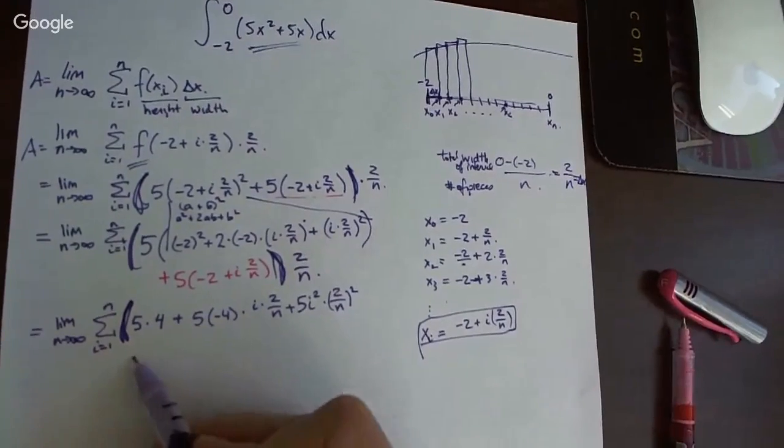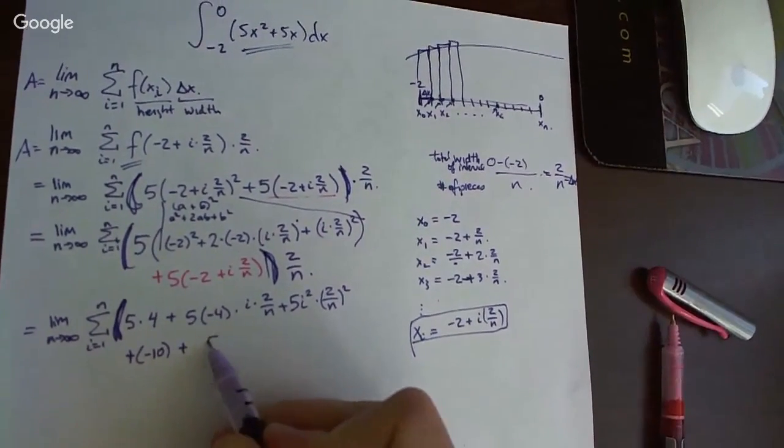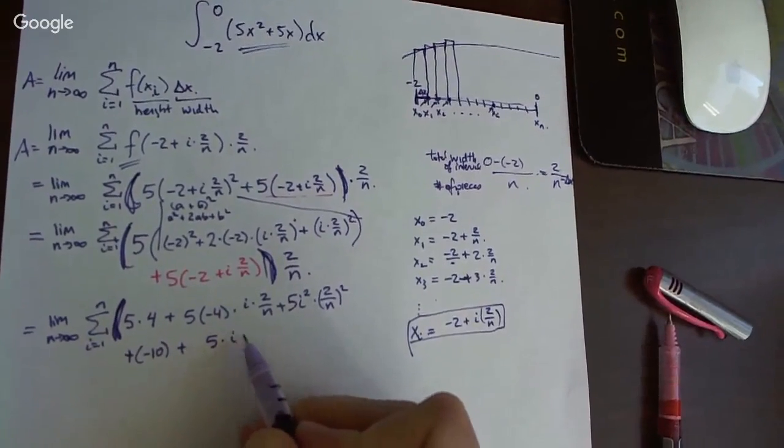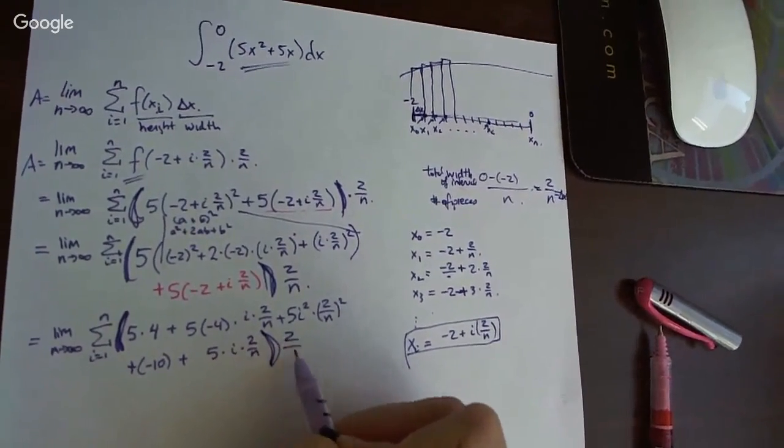And then we need to add in negative 10 and 5 times i times 2 over n, multiplied by 2 over n.